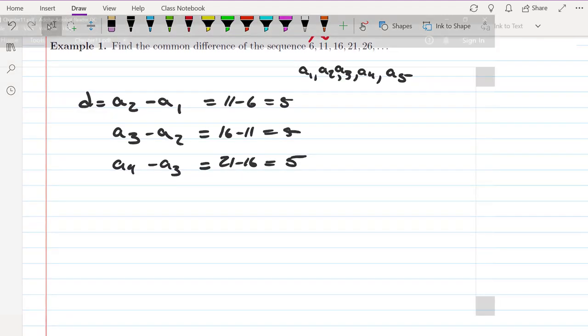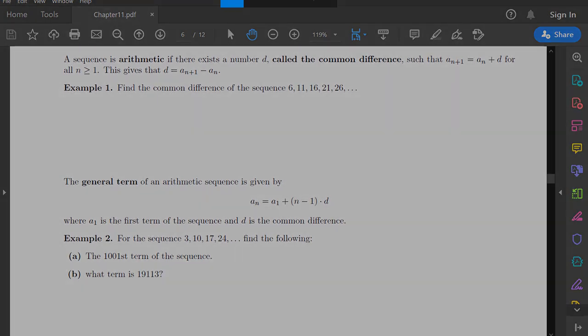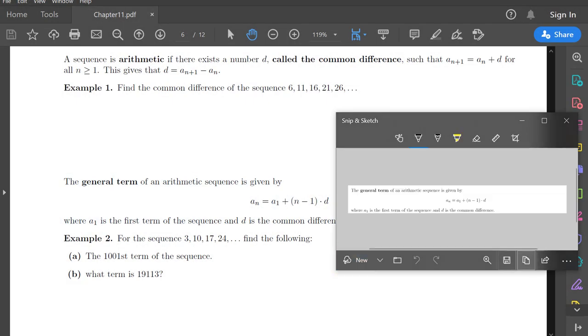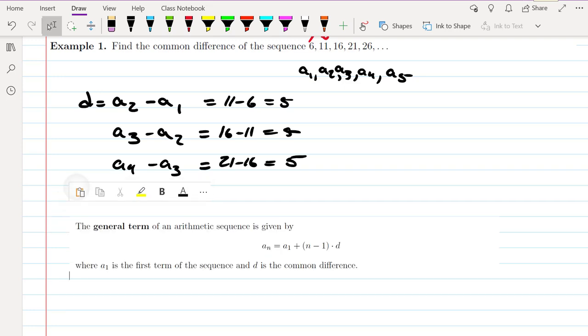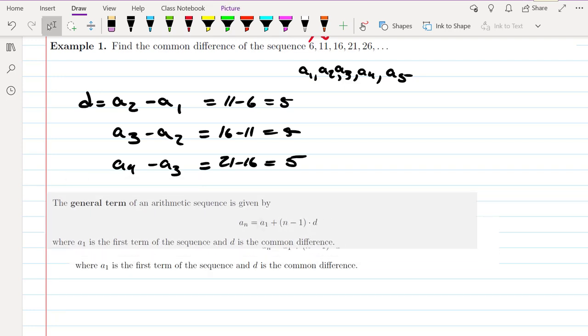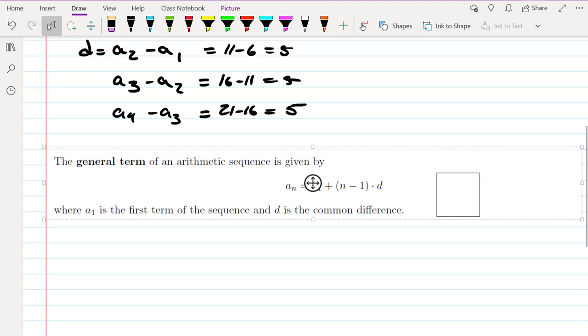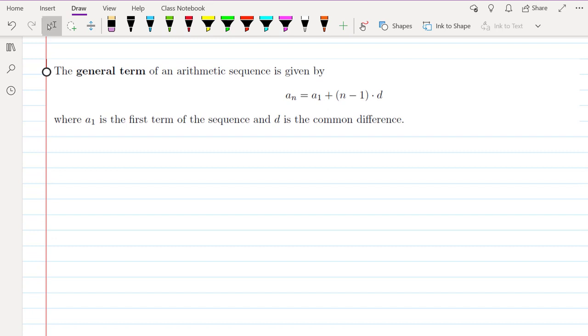All right, the general term, or the function that represents a sequence, is given by the following. The general term of an arithmetic sequence is a sub n equals a1 plus n minus 1 times d, where a1 is the first term of the sequence and d is the common difference.